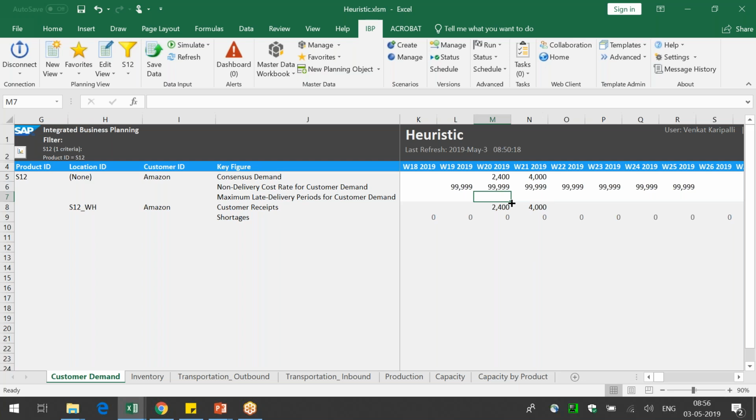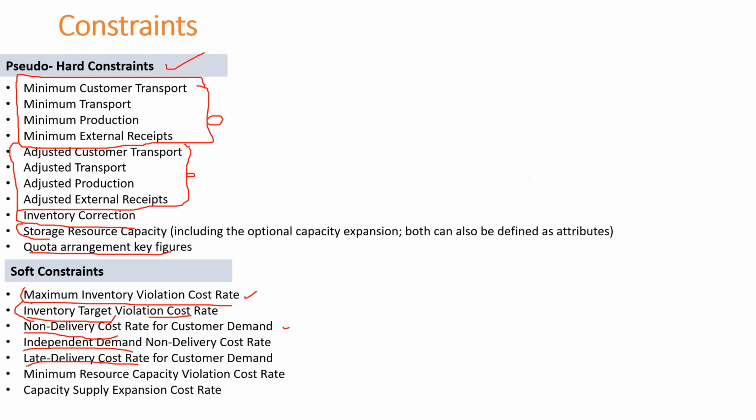Because if I'm supplying it late, I'm incurring this much cost, but how much am I gaining, what is my revenue that I'll gain, that is non-deliveries. And with all the supply chain costs, if system is not finding it profitable to do a late delivery, then it will not even do a late delivery. So we can influence the late delivery with the cost rates.